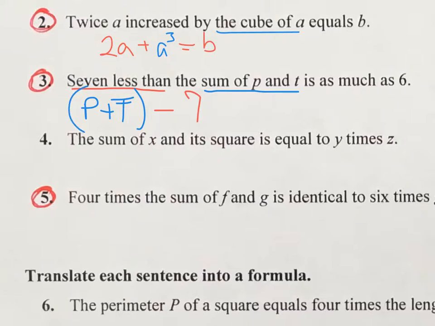It's actually unnecessary, but it's better to put parentheses around whenever you see the word sum, because they want you to find the answer to that addition problem and then subtract 7 from it. Okay, so 7 less than the sum of p and t. And then you go for is, that means equals 6.